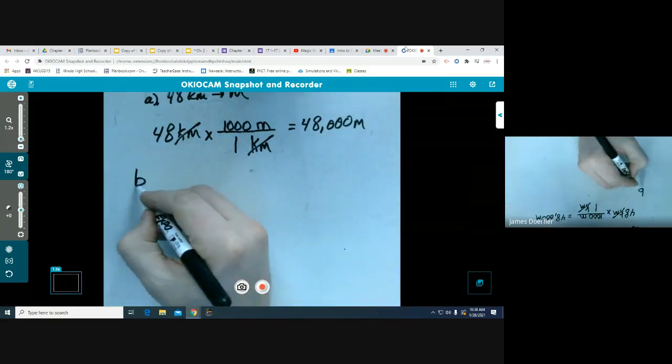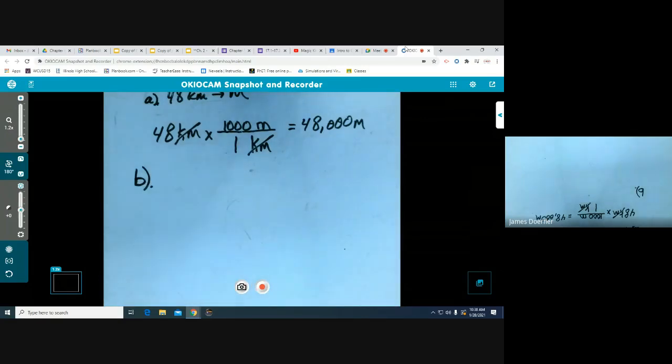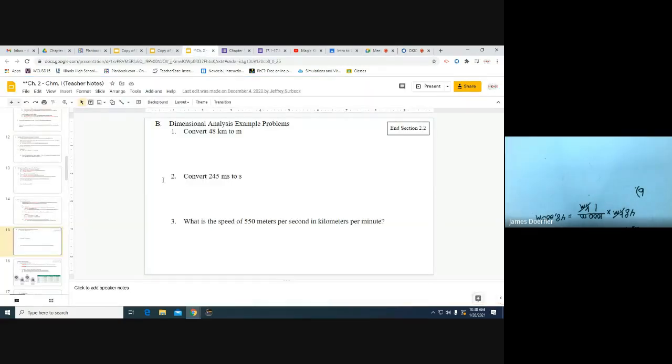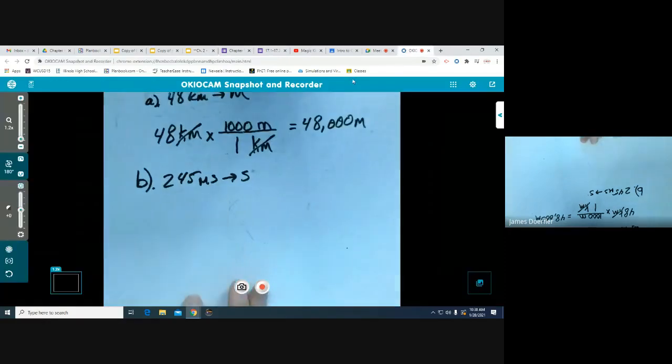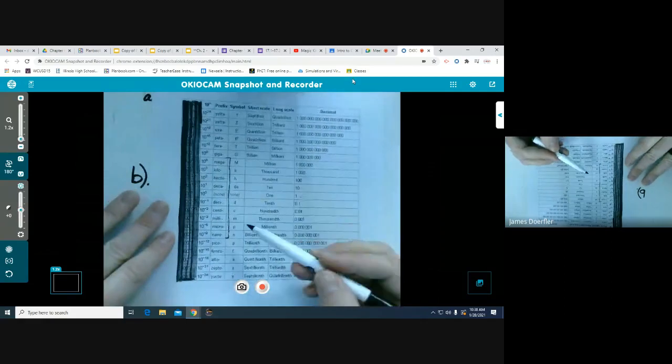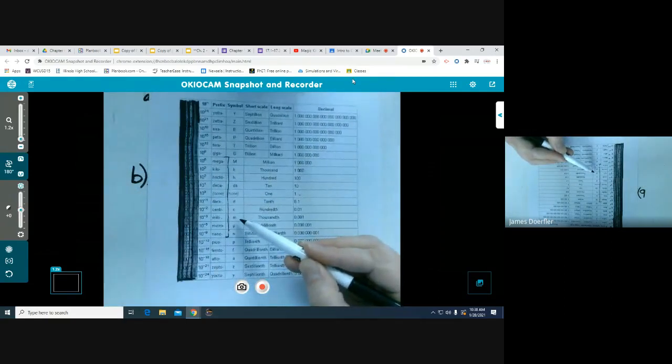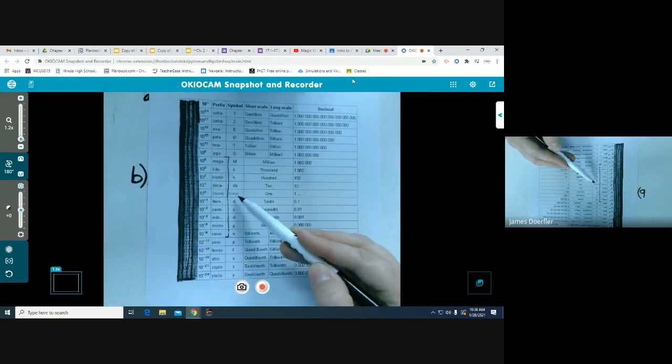Let's try another one. Convert 245. Can anybody tell me what MS stands for? Milliseconds. Very good. 245 milliseconds to seconds. So where do we find milli? We find milli right here. It is below your base.